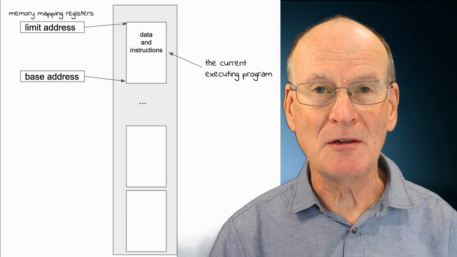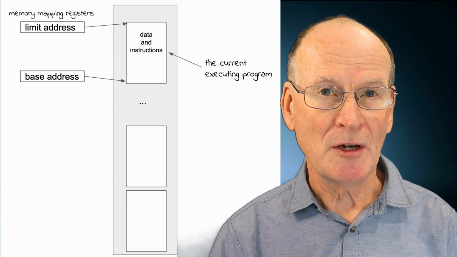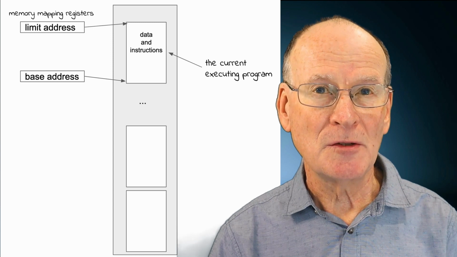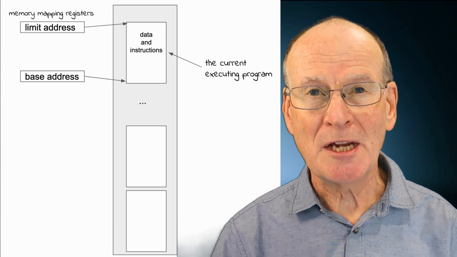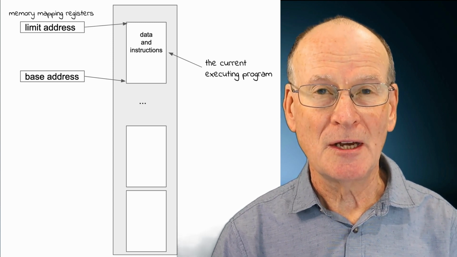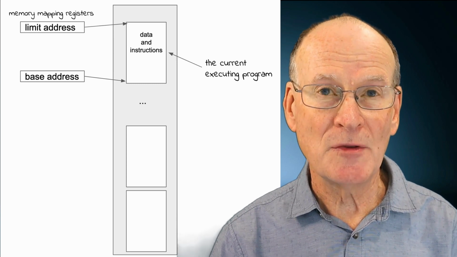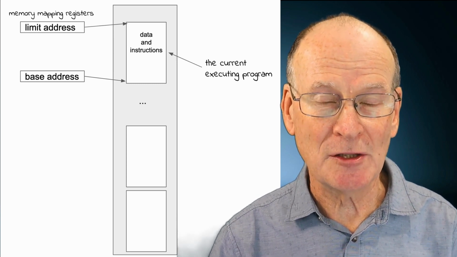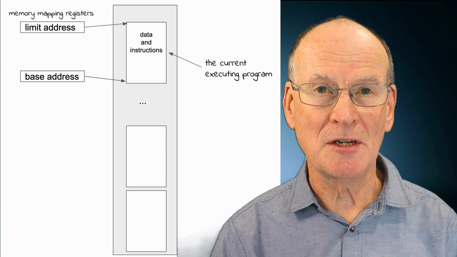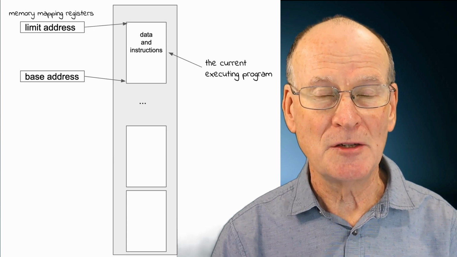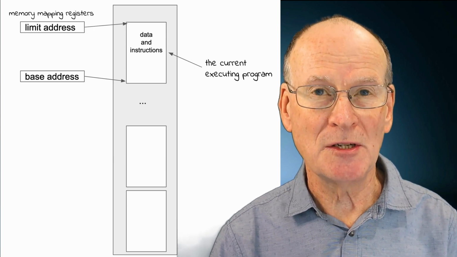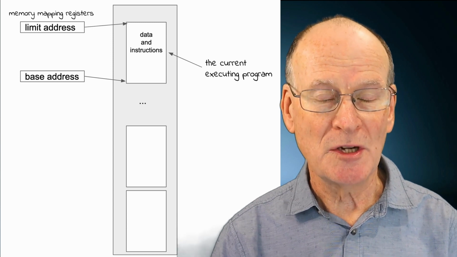They can't be negative. So your program can only access addresses starting at the base. For example, if your program addresses address 0, it'll have the base address added to it, and so it will actually address whatever the base address is, and so on. And so it remaps those addresses into the new address space.